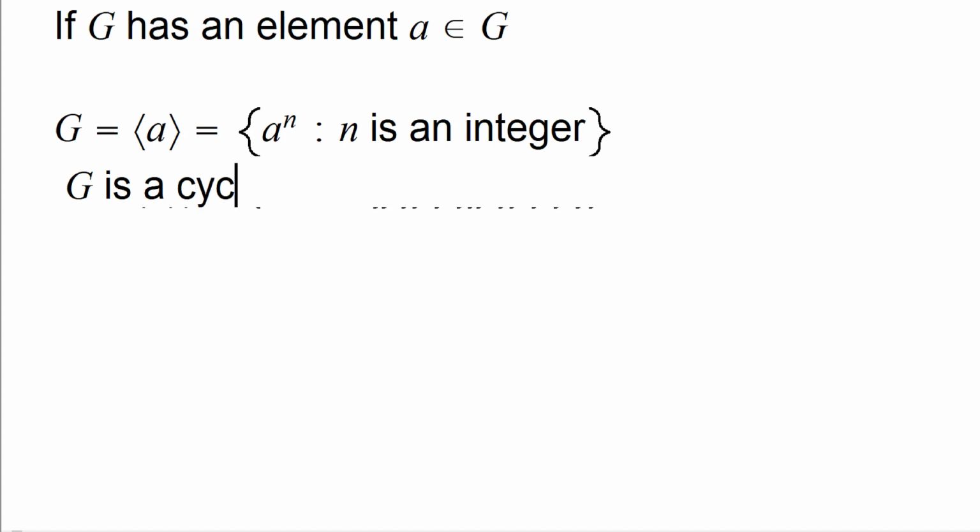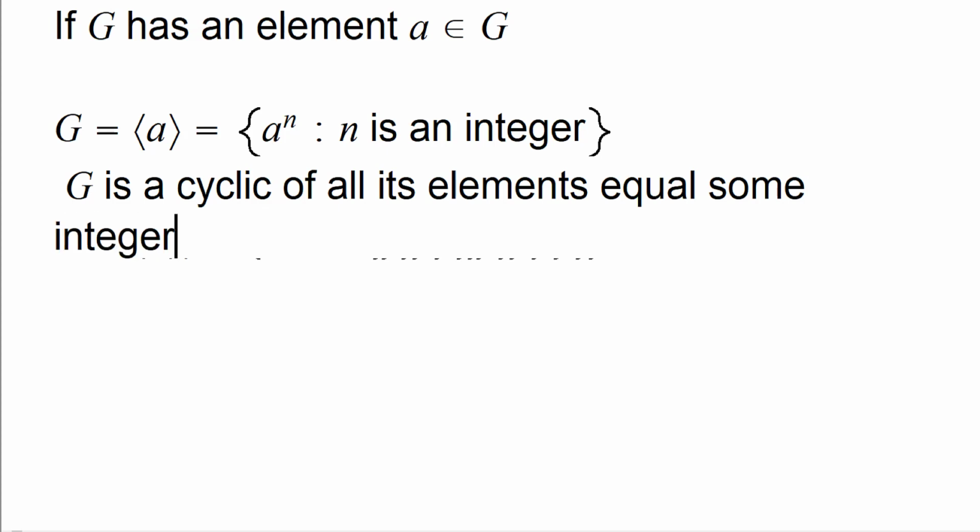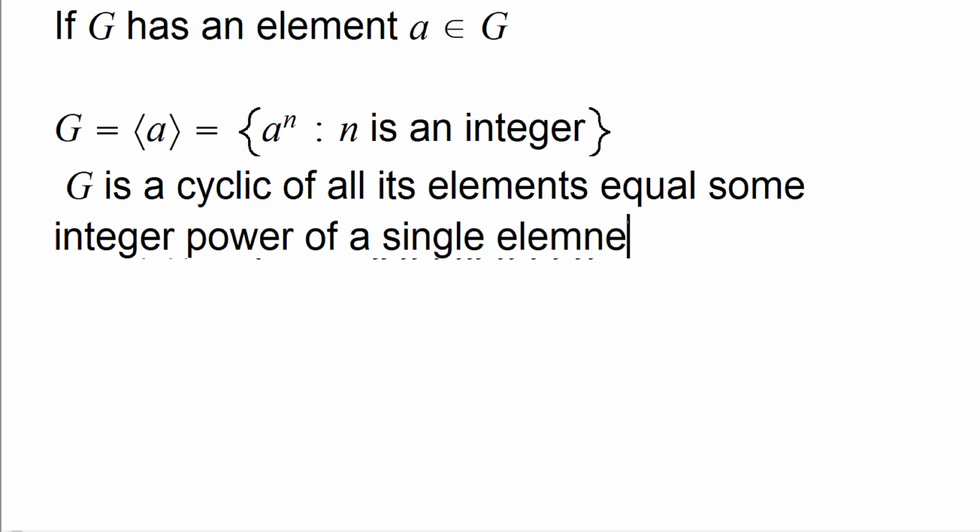So G is a cyclic group if all its elements equal some integer power of a single element in G. An example is if you consider Z plus, the group of integers with respect to addition.